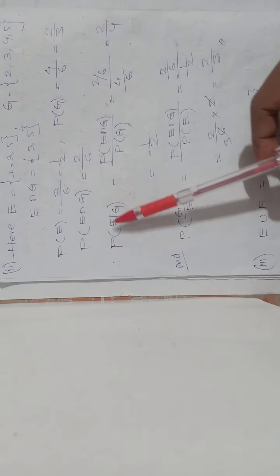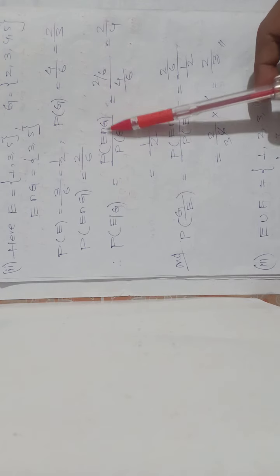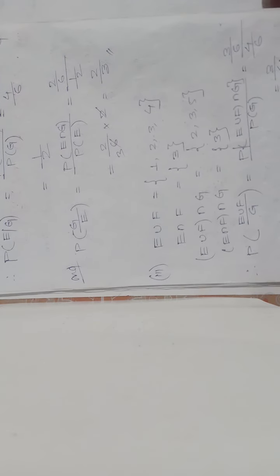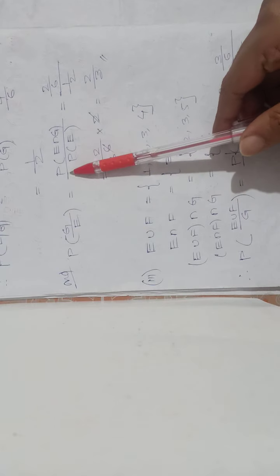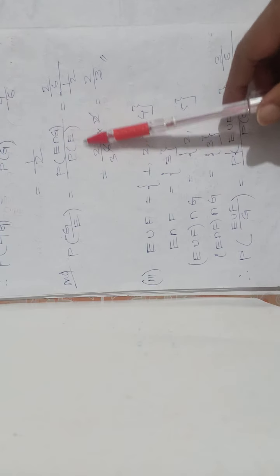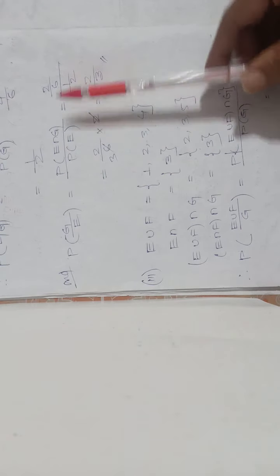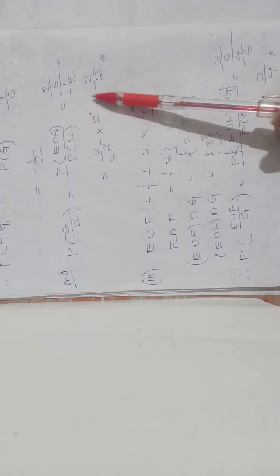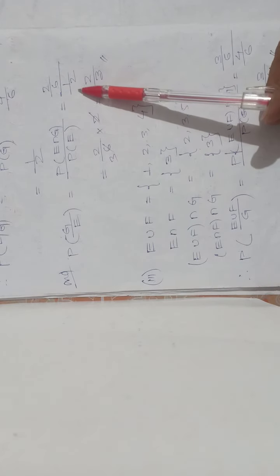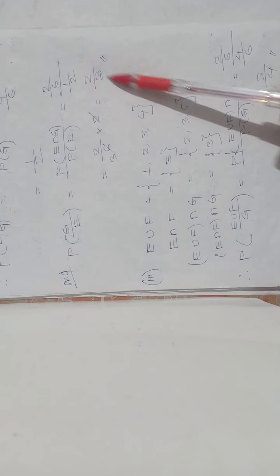Now P(E given G) equals P(E intersection G) by P(G), 2 by 6 by 4 by 6. Here 6 cancels, so the answer is 2 by 4, which is 1 by 2. Now probability of G given E equals probability of E intersection G by P(E), which is 2 by 6 divided by half. So here the answer is 2 by 3.